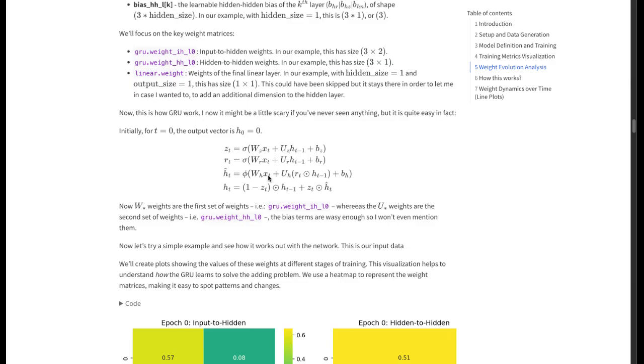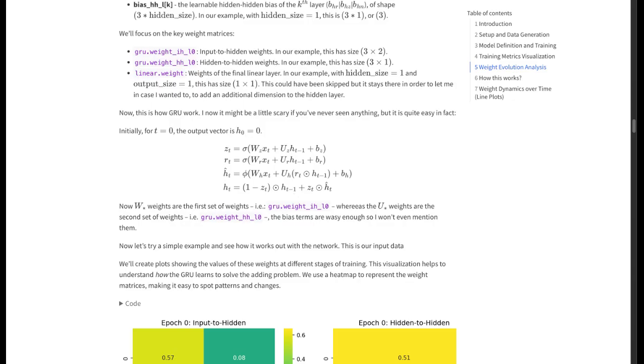We decide here how much to update. And here we propose a new candidate for the hidden layer. And then we say how much of the new hidden layer should be of the candidate and how much of the previous value. So don't forget about the old value. Add something to it, how much is decided by ZT. So this is the meaning of the update gate.